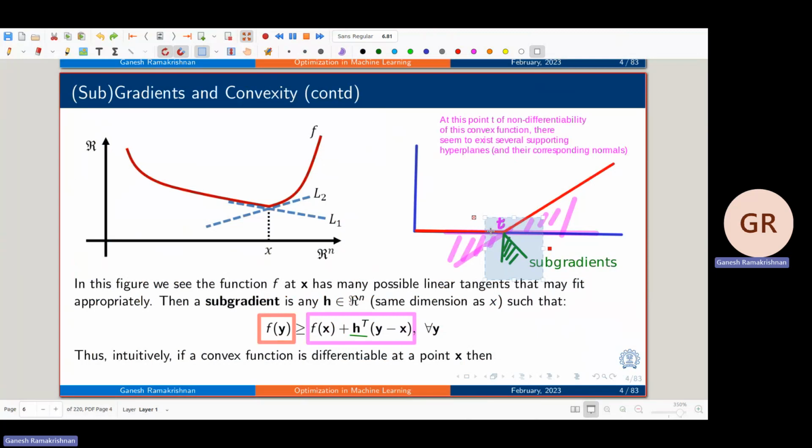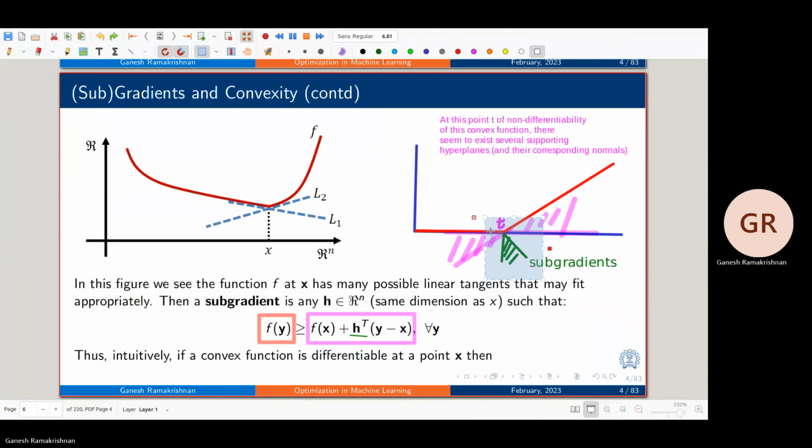So if I take the tangent here, and the tangent here, these are all my, this is a convex hull. Convex hull of the extremes.